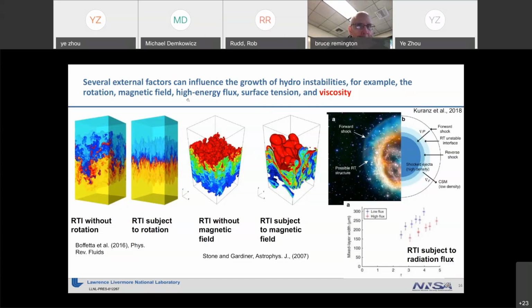And the same is true for high energy density, high energy flux. This is the growth of the mixing layer measurement. The blue curve is for low flux, and the red curve data is for high flux. You can see that with high energy flux, obviously you have a smaller mixing layer growth. So you suppress the instability growth.